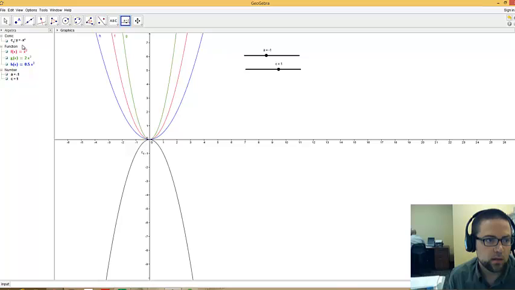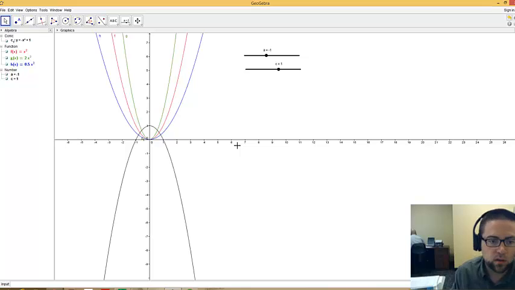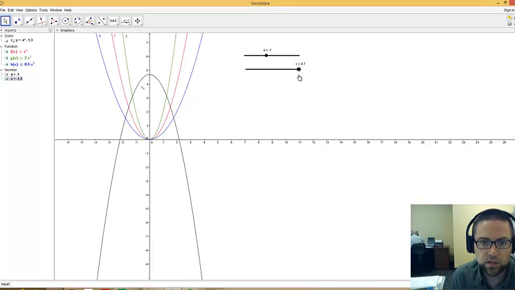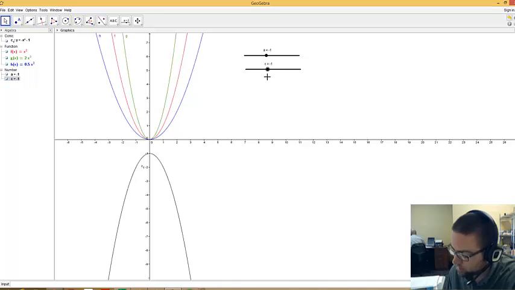Then for this function right here, I just need to say plus c, and all I did was double click on that in the algebra view. So if I have plus c, what happens when I change different c values? You can make those modifications, and we'll look back over here.